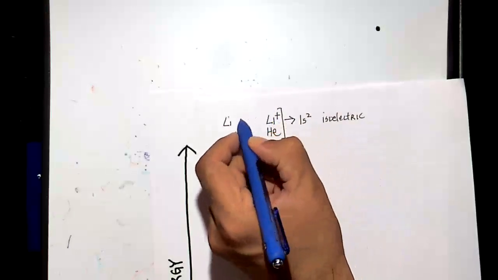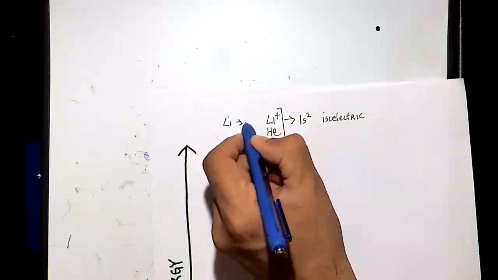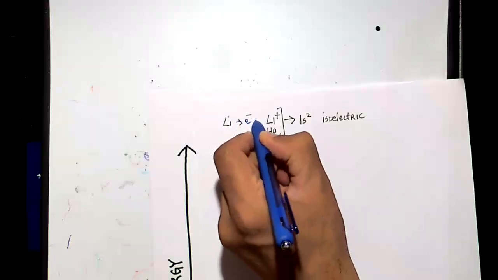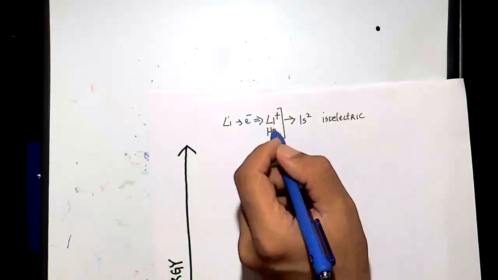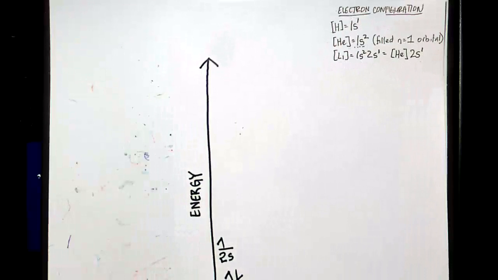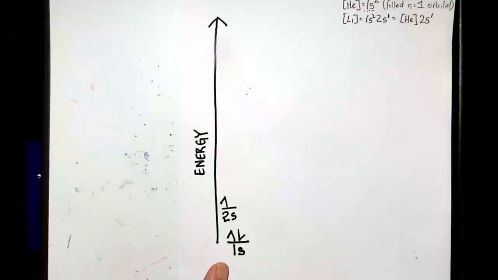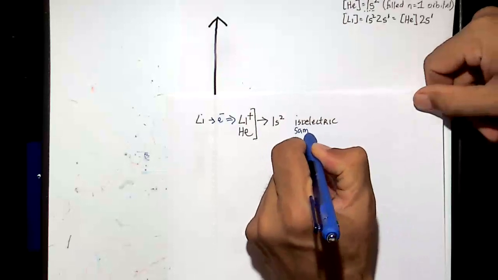Lithium +1 and helium are isoelectronic. You see, when lithium loses an electron, poof, the electron is gone. It becomes lithium +1, and it's noble because it's lost that electron. It's now 1s2. Isoelectronic, same electron configuration.